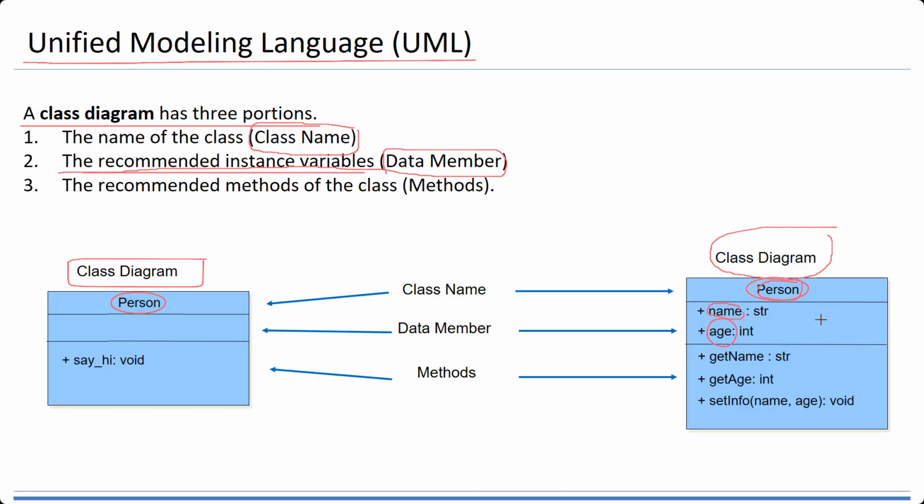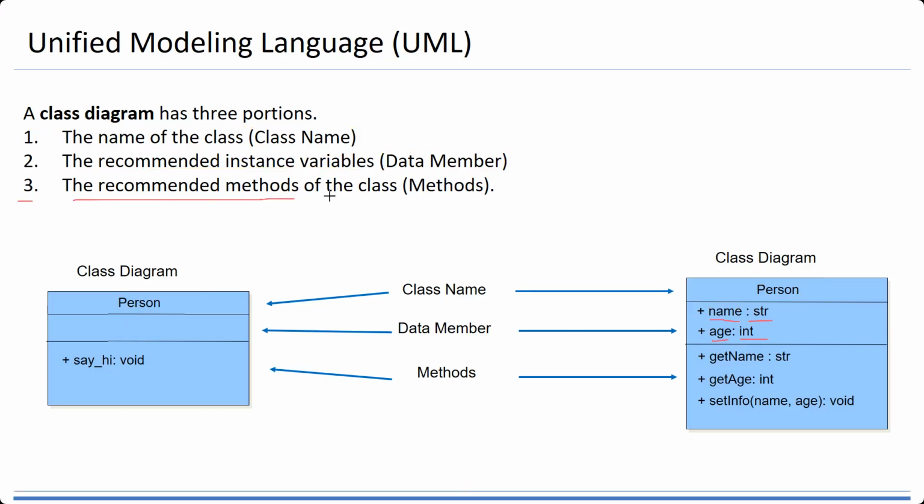Or maybe another attribute, for example, city, or date of birth, and so on. Those kinds of things we call data members. And we need to specify the data type. For example, name, the data type is string. Age, the data type is integer, and so on.